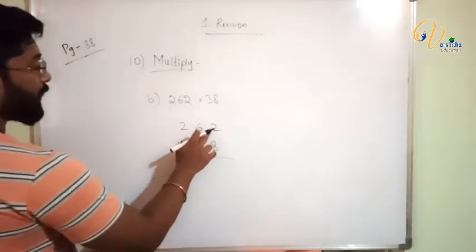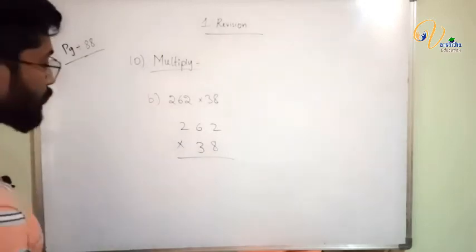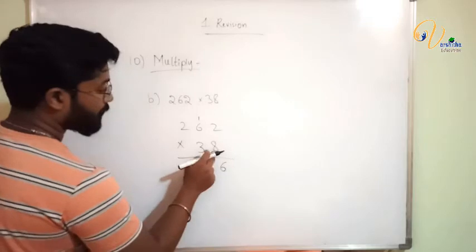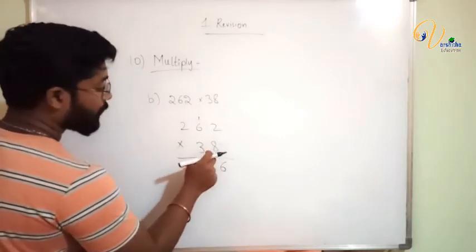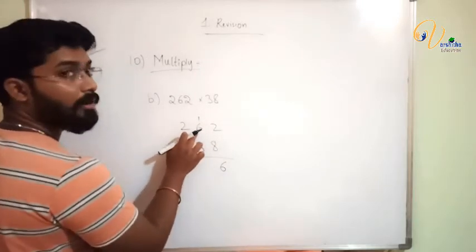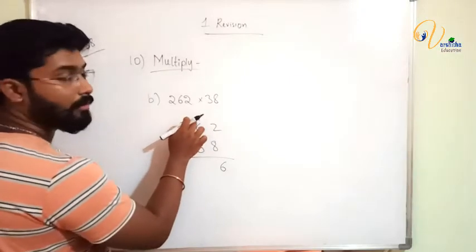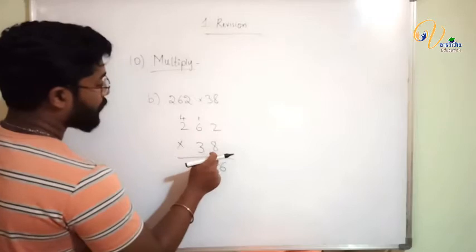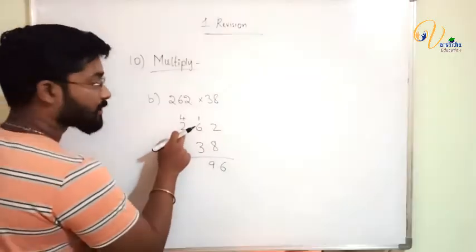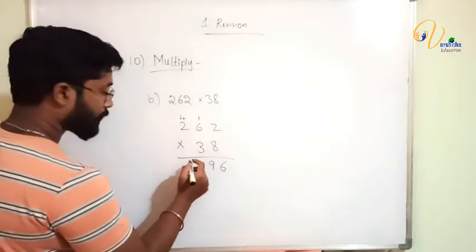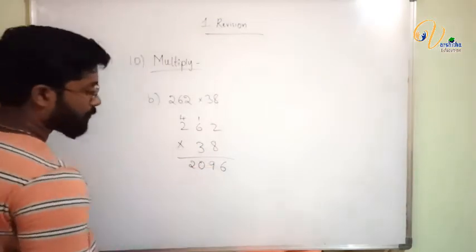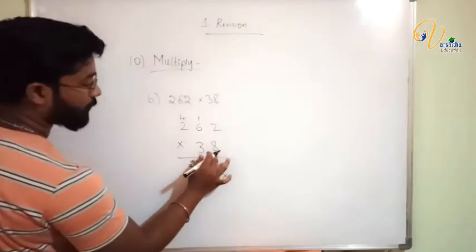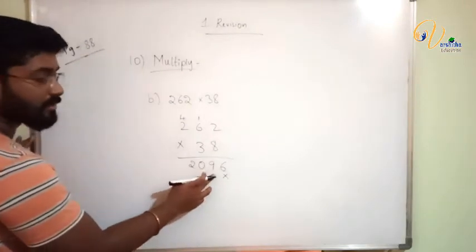First you have to do with 8, then you have to do with 3. 8 2s are 16, 1 carry. Okay, 8 6s are 48, here you are having 1, plus 1 means 49. 8 2s are 16, 16 plus 4, 20. Now we have completed multiplication with 8. So start from the next digit here.